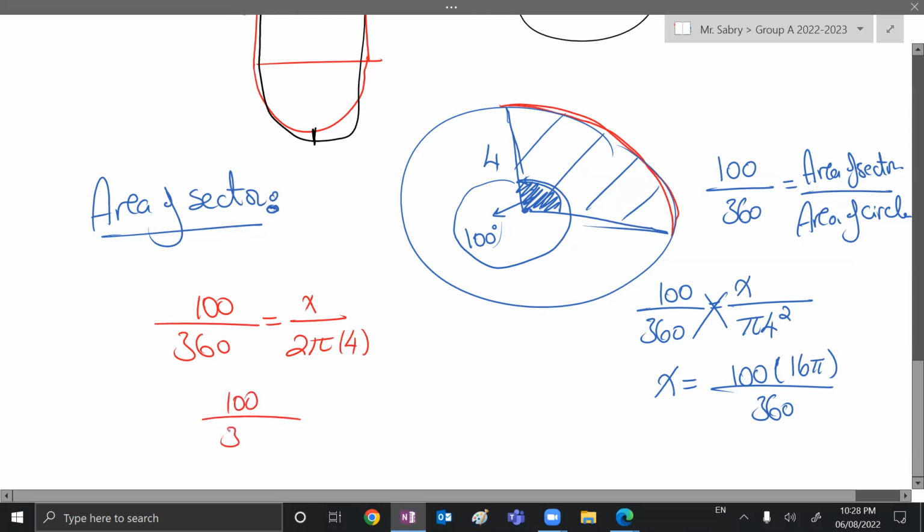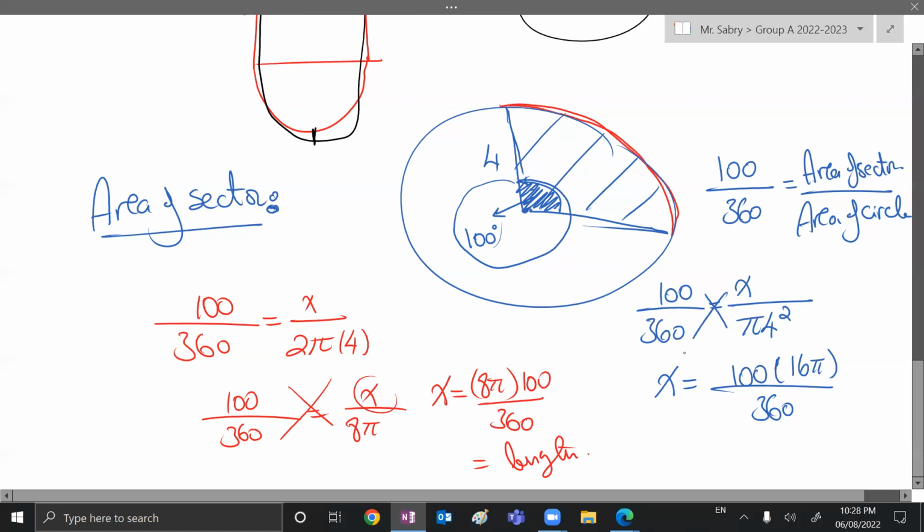This gives 100 over 360 equals x over 8 pi. To find the value of x, I cross multiply, so x equals 8 pi multiplied by 100 over 360. The red one will give you the length of the arc, the blue one will give you the area of the sector. Please ask if you're confused.